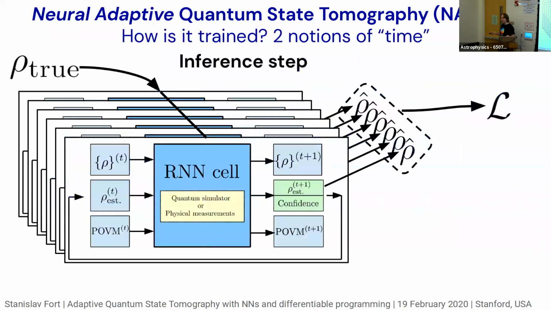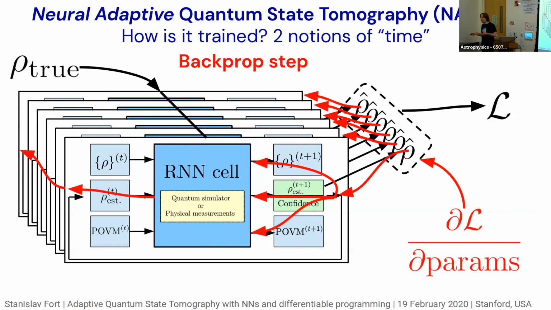Okay, so how do we actually train? Well, we take a true state. This is the inference step. It makes a bunch of guesses as it goes, as the estimate, and we make a loss out of them. And that just says, well, if those are your estimates and these are that far away, well, this is how unhappy I am with your guesses, and update yourself accordingly. And the way we update it is we take a derivative through the program, as I described before, the differentiable programming mindset.